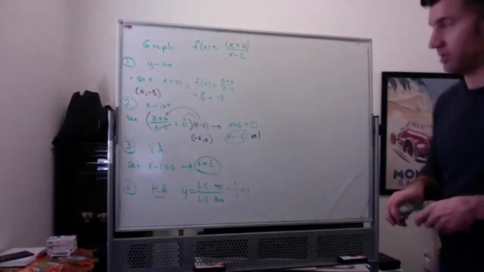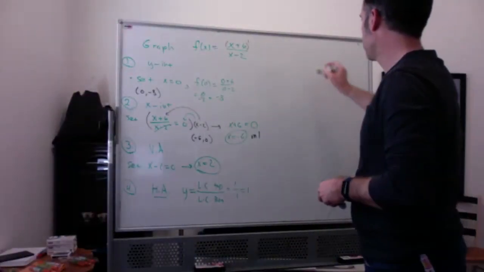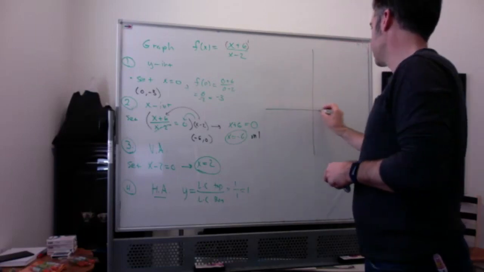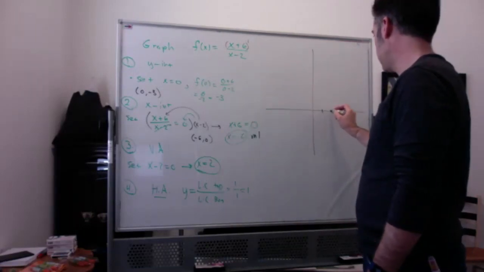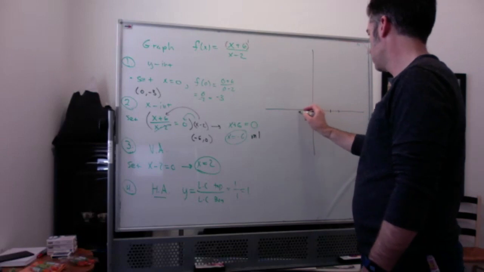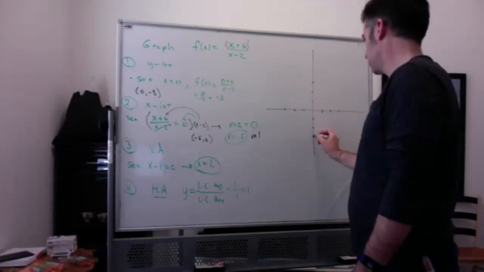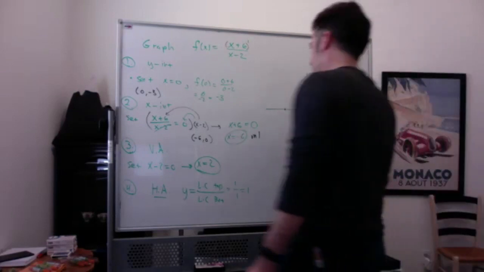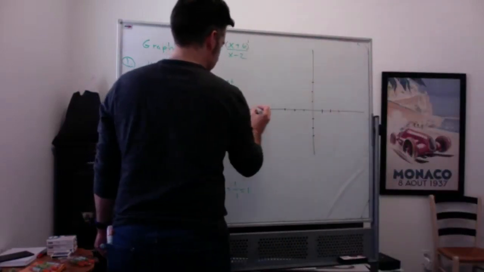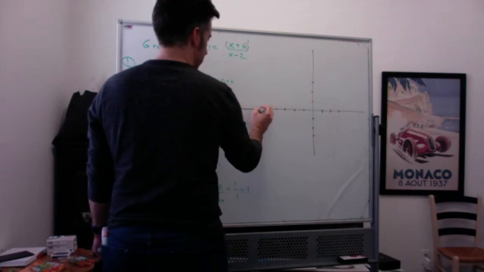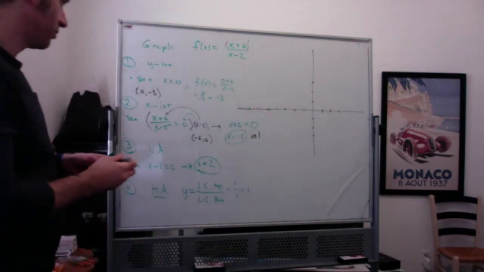Now I'm going to graph it. I need to go further left with my negative 6 there. Okay. So what do I have?